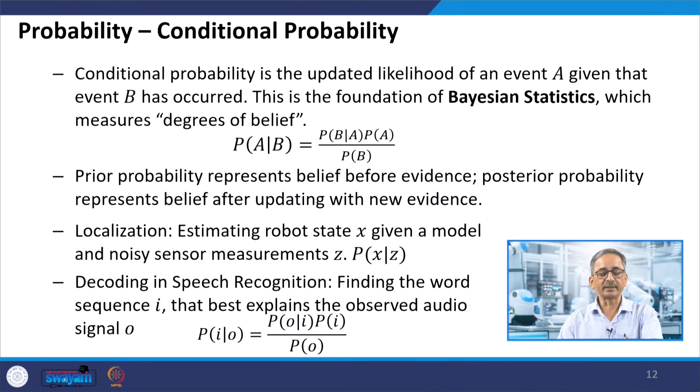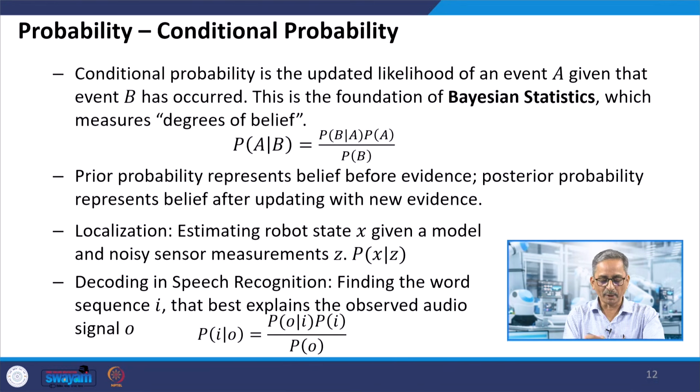Next, let us look at the concept of conditional probability. Conditional probability is the updated likelihood of an event A given event B has occurred, and this is the foundation of Bayesian statistics, which measures degree of belief.